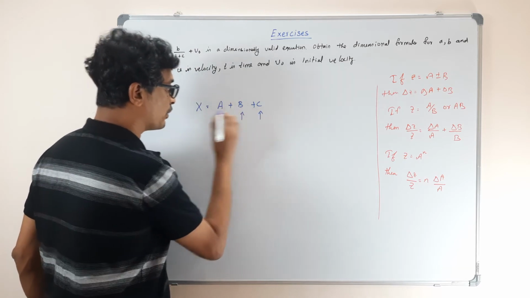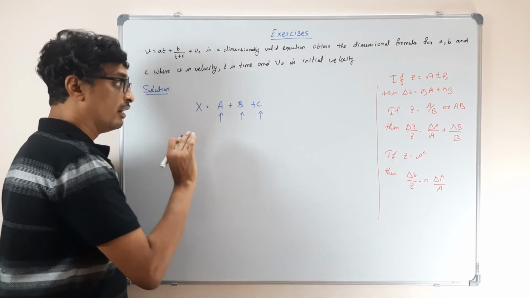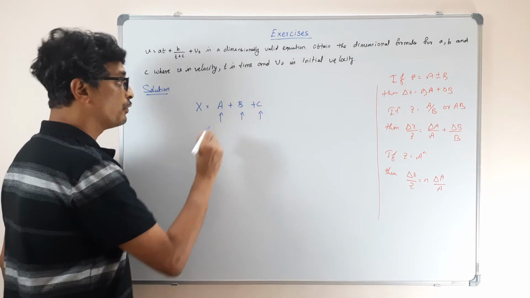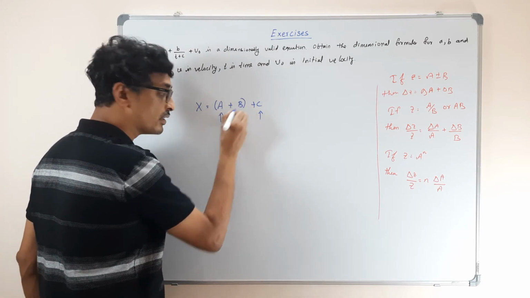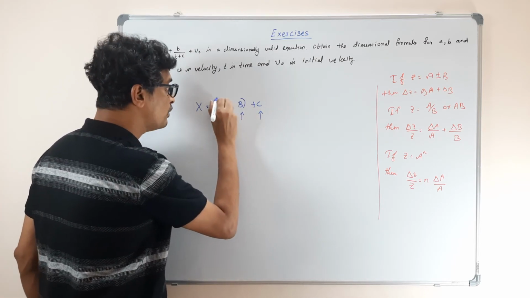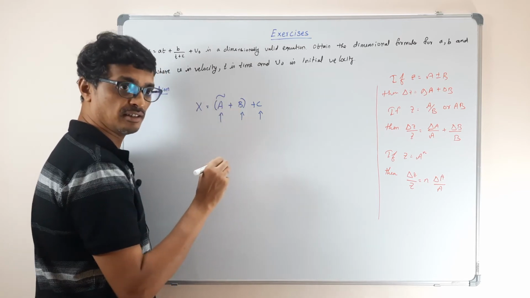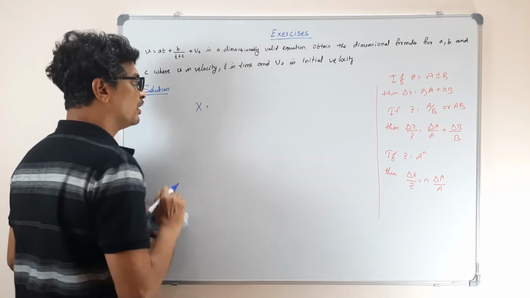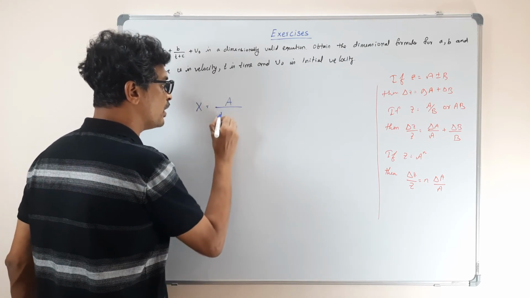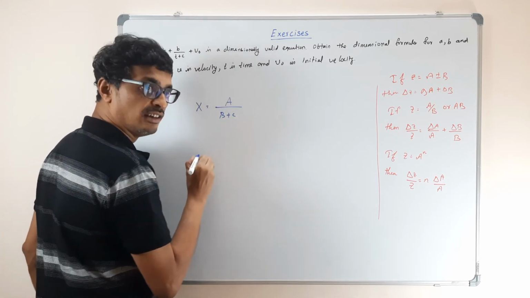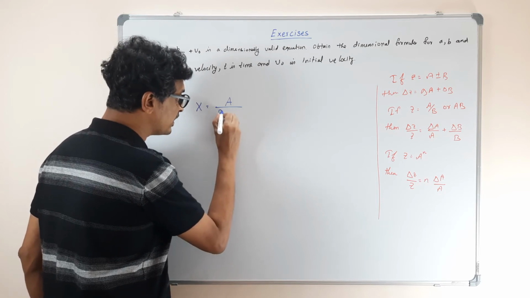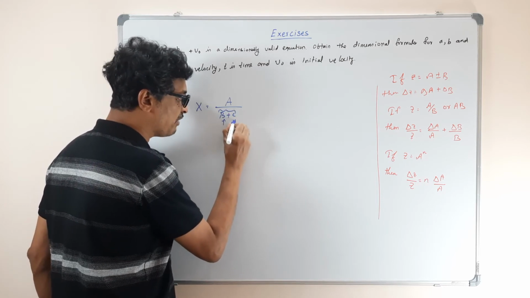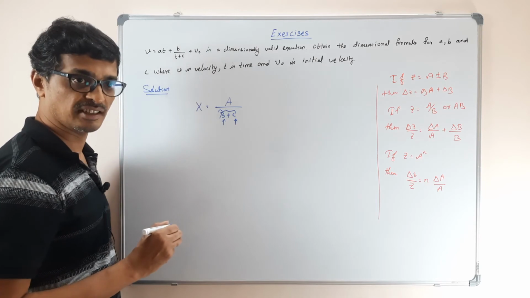Similarly, c also should have the dimension of x. That's all. Also, if you add any two terms in an equation, both the terms should have the same dimension. What I mean is something like this: if I write a divided by b plus c, since b plus c is getting added, they both should have the same dimension, correct?